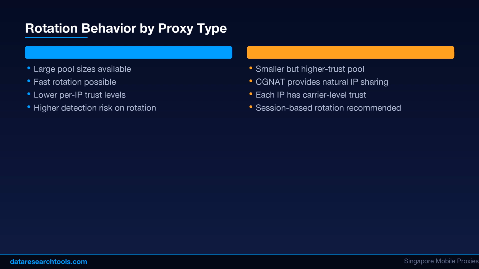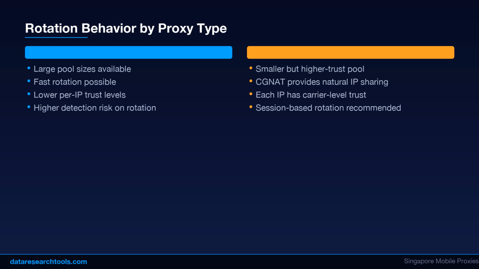The single most common mistake is using rotation for account work. If you're managing social media accounts, e-commerce seller accounts, ad accounts, or any authenticated session, rotation will cause problems. The fix is dedicated sticky IPs, one per account, not shared across accounts. Rotating too aggressively on session-aware targets.